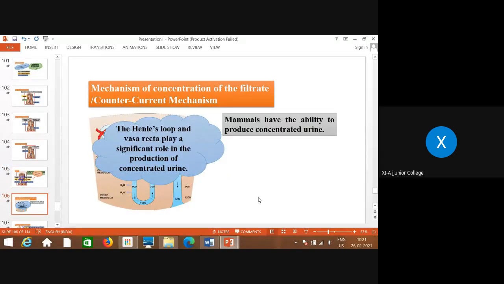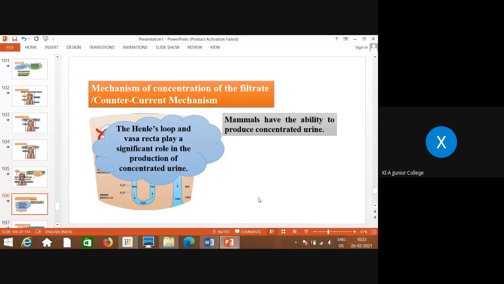Now the last part, which is considered to be the mechanism of concentration of the filtrate, or counter current mechanism. I will explain this in a very simple way. Just try to understand. As I already explained, the loop of Henle has two limbs, one descending and one ascending, which play a very important role.